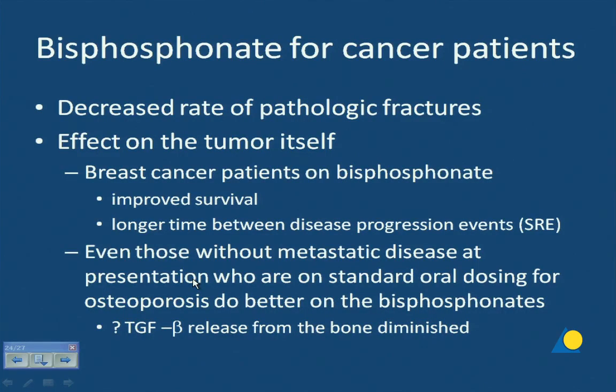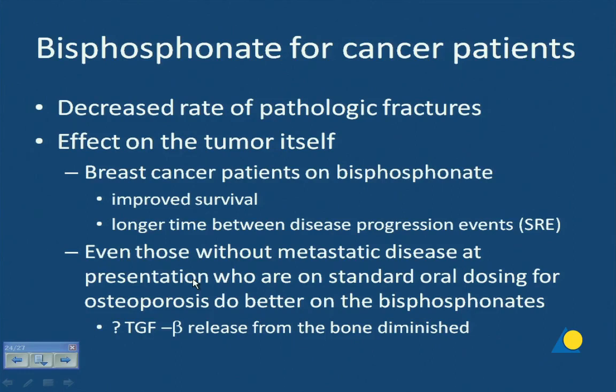Bisphosphonates are now used commonly in patients who have skeletal related events. They decrease the rate of pathologic fracture, and they may in fact have an effect on the tumor itself. In breast cancer patients who are treated with bisphosphonates, they have improved survival and longer time between skeletally related events.